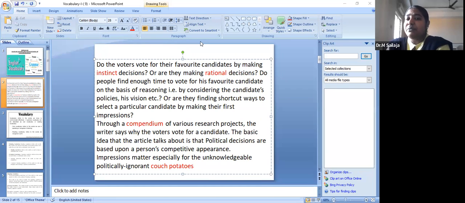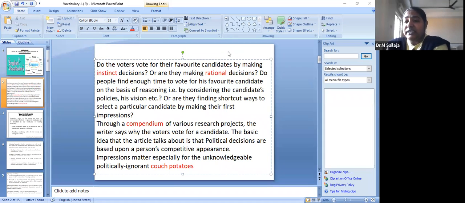Compendium means after making a lot of research, something searched in an in-depth manner, the writer has decided how the voters are going to cast their votes, or how the voters are going to elect their rulers.